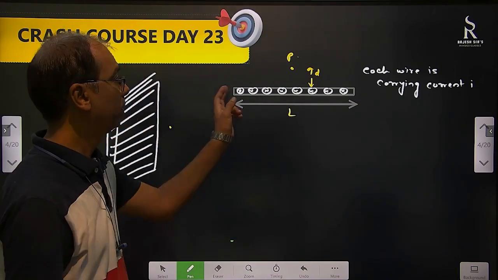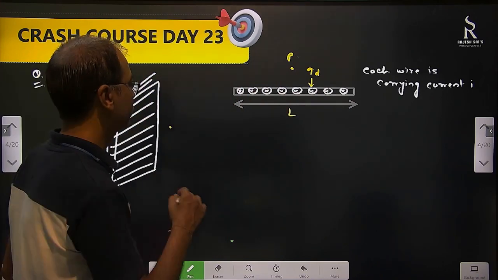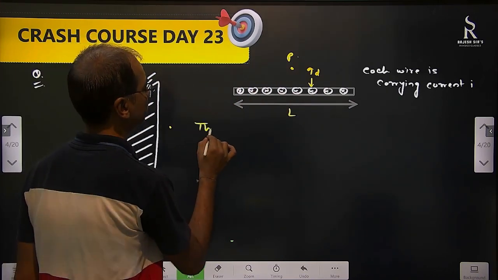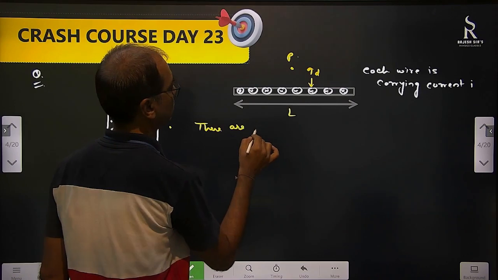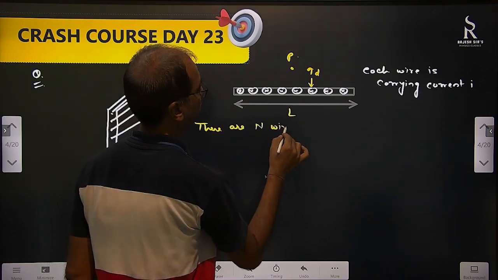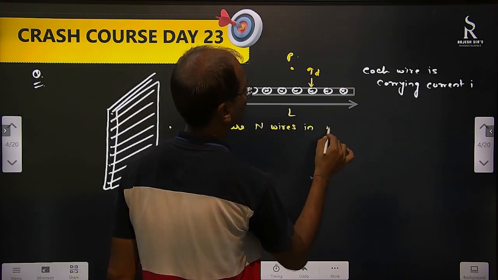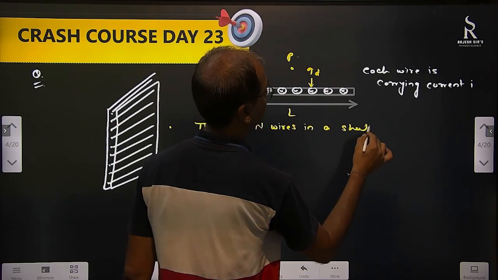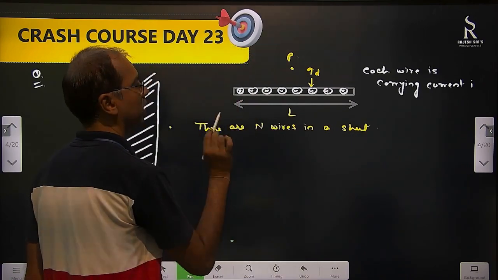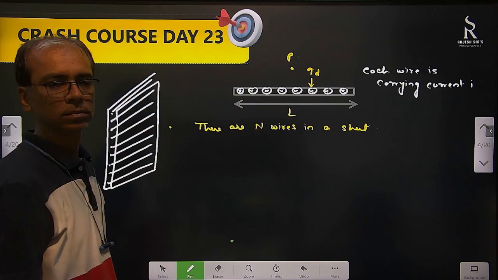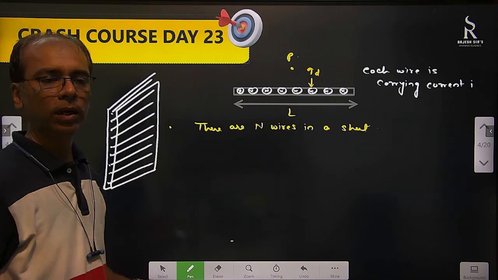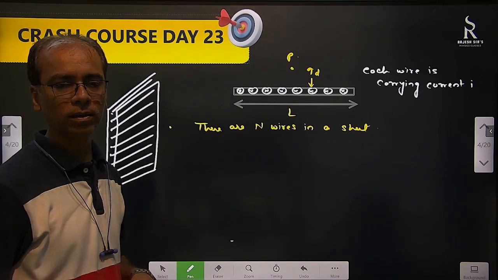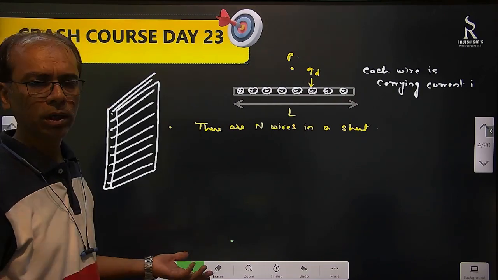So suppose there are N wires in the sheet. Total number of wires is N and total length is L. So if I want small n, I will write it as capital N by L.